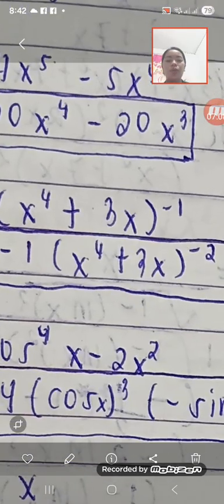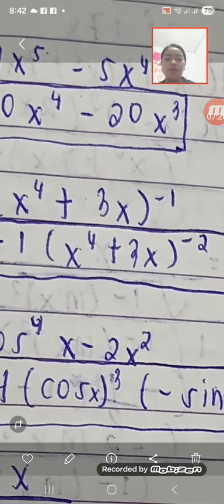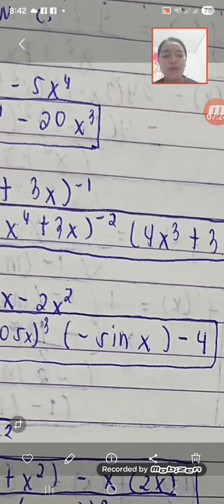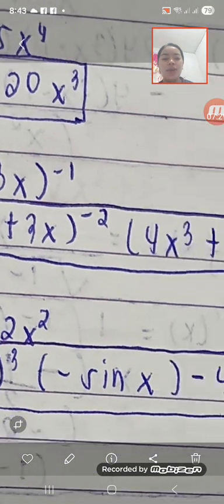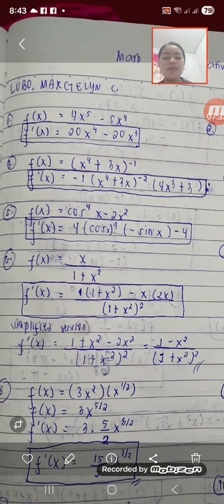Now, we need to multiply this by our inner function. So x^4 plus 3x, the derivative of this one is, of course, 4x raised to the power of 3 plus 3, because 3 times 1 is equal to 3. So that is our final answer.